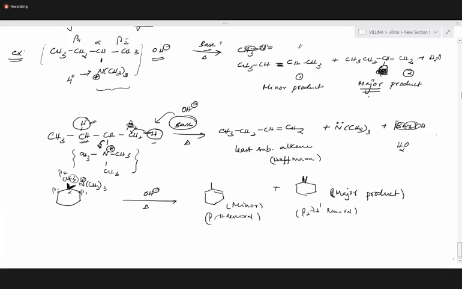So can we say that the first compound formed is more stable because it's endocyclic? Hmm, the thing is, it can be stable obviously because it is more substituted, but because of the type of reaction we are seeing here, the major product will be the Hofmann product only.